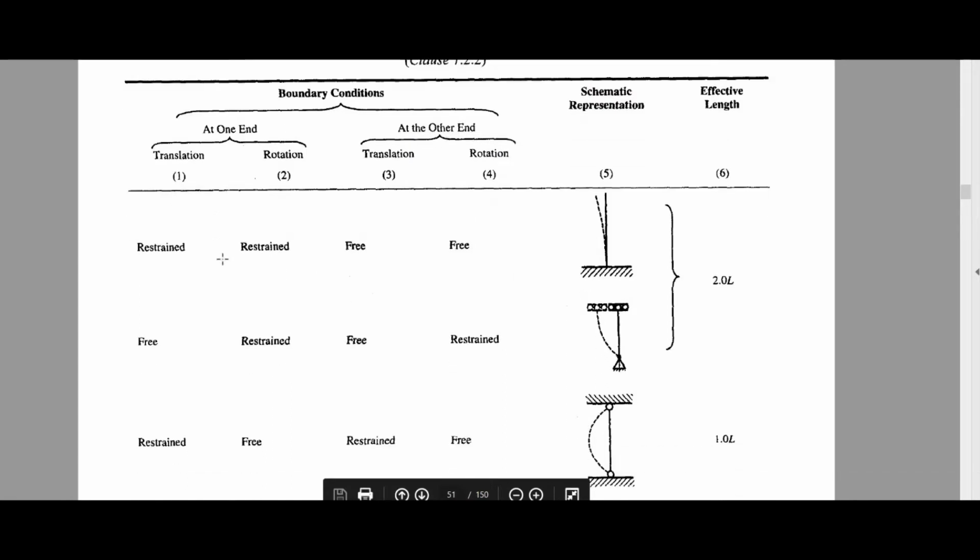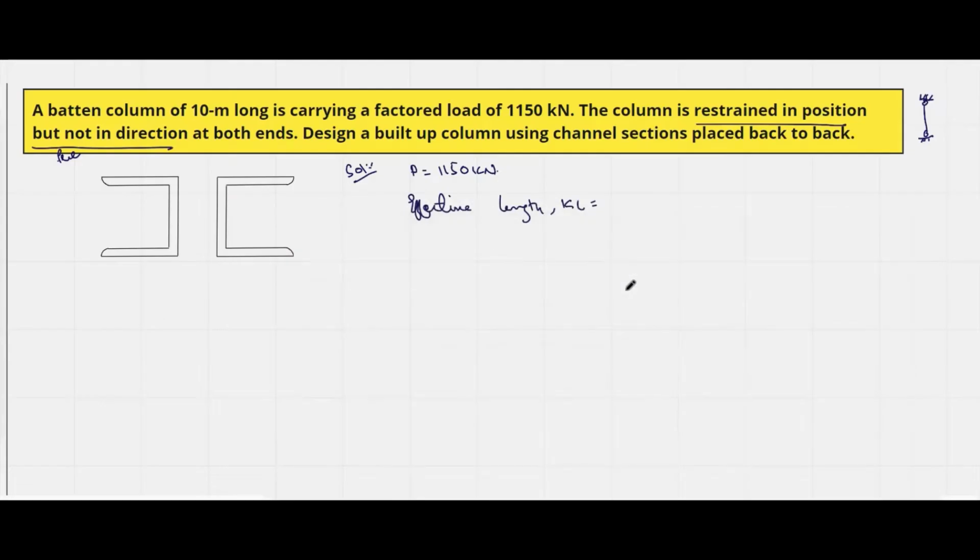The given condition is where the translation is restrained, whereas rotation is free at both the ends. So here the value of K is 1. So this will become 1 into L, which is about 10 meters.